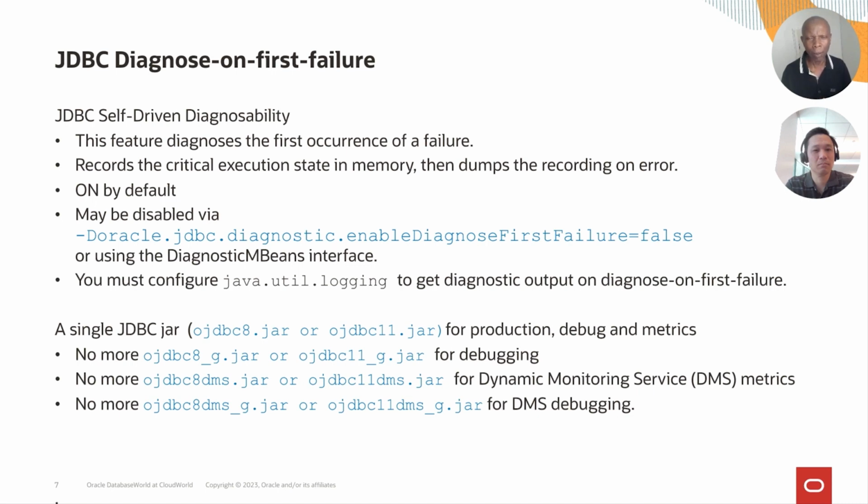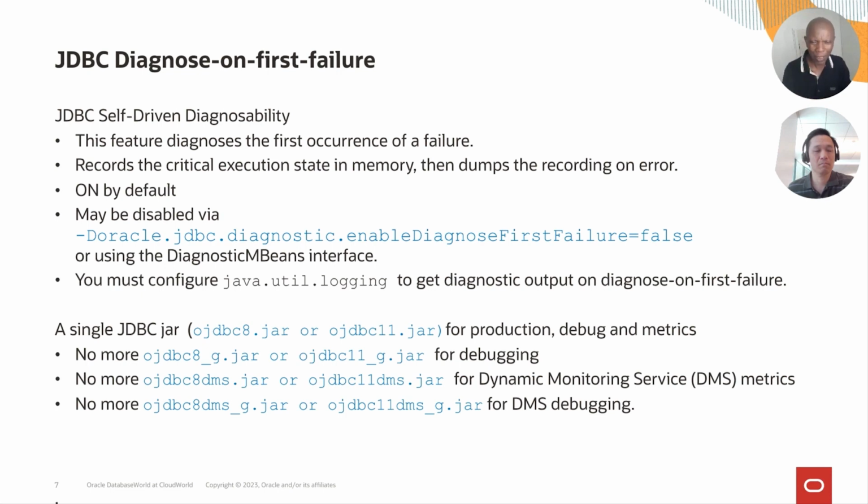We call this the ring buffer. We dump the ring buffer on the diagnostic output, and you can analyze it. It gives you all the details you need to diagnose the problem. It is on by default, but we allow you to disable it if you wish.